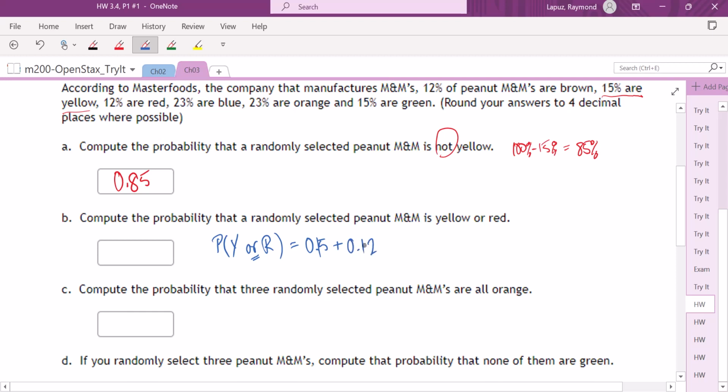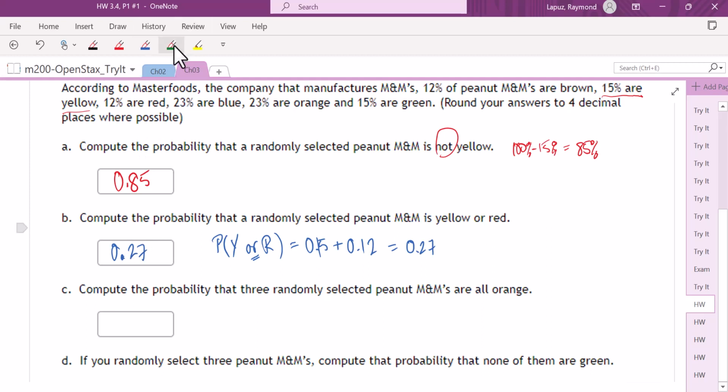And this is going to be 27%. By the way, this is an or statement, so we're going to use the addition rule, but these are mutually exclusive, so we don't need to worry about subtracting anything out. So we got our answer 0.27, and we're off to the next one.